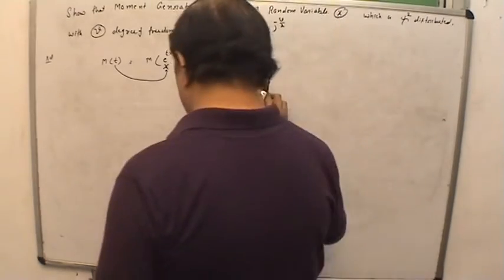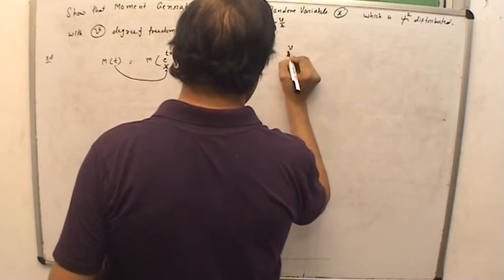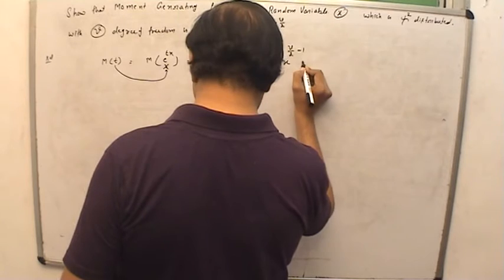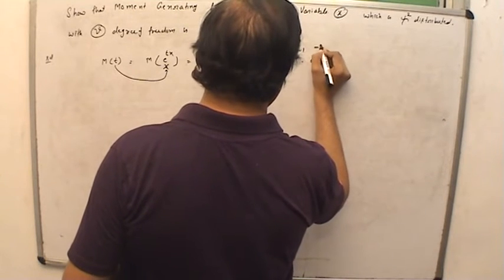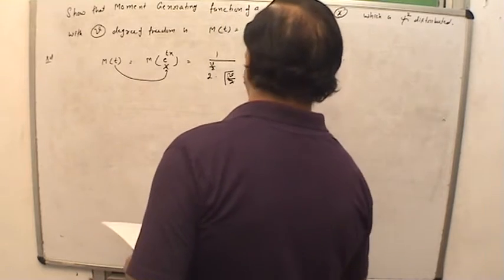E raised to the power tx into x raised to the power v by 2 minus 1 into e raised to the power minus x by 2 with respect to x.